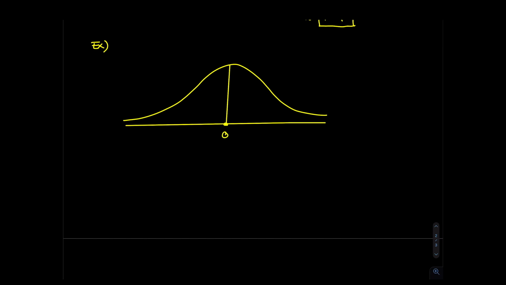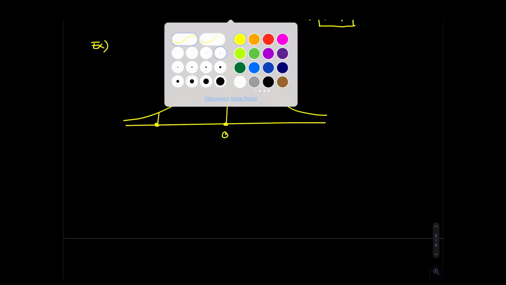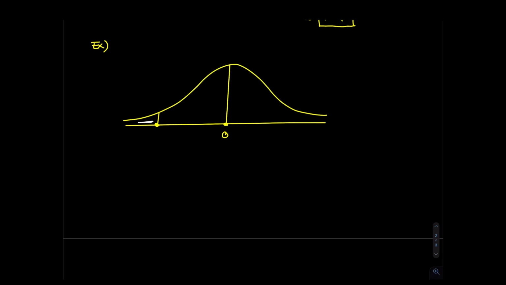Let's say I am asking you to give me the z-score that will put me, let's say, in the bottom 5% of the normal distribution. So if I color this white, and this area here is 5%. But since we're going to use decimals, we'll just say 0.05. So that area is 0.05, and I'm asking you guys to find that z value.